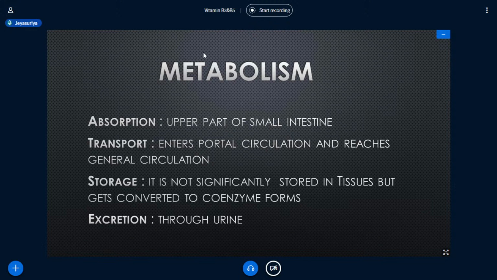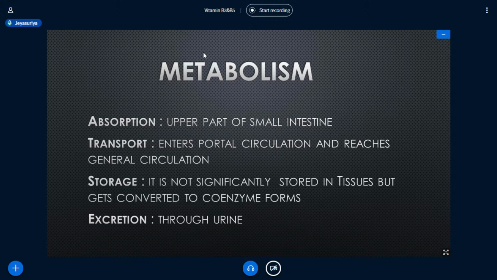Nicotinic acid is transported in the plasma in free solution and is taken up by most tissues by diffusion. In erythrocytes, the red blood cells, there is a separate transport mechanism for nicotinic acid. In the tissues it is converted into its coenzyme forms.